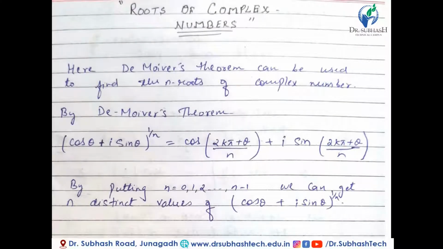Hello everyone. Today I am about to discuss a topic on roots of complex numbers. In our lower standards, we have already learned how to find the roots of algebraic equations of the form ax square plus bx plus c.